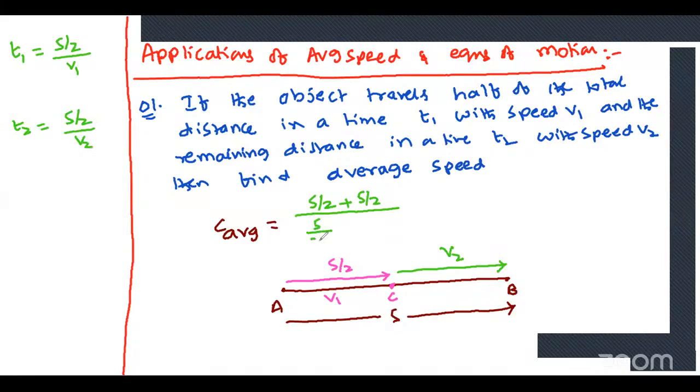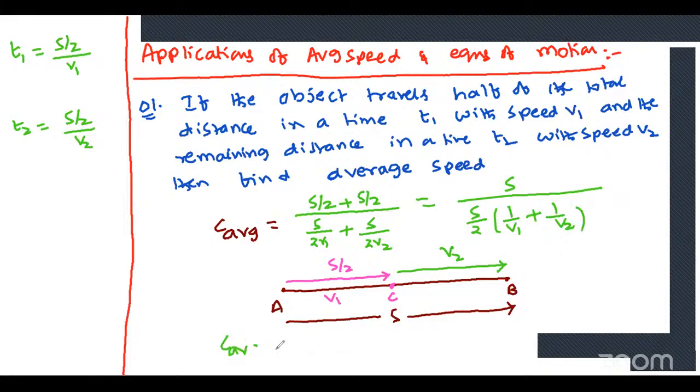So that is nothing but S by 2V1 plus S by 2V2. In the denominator, take S by 2 common. Upon calculation, we get 2 V1 V2 by V1 plus V2.